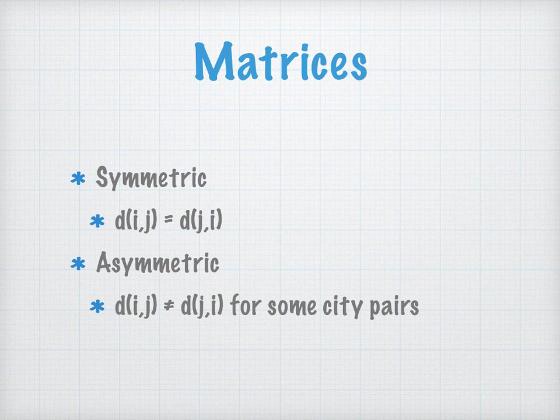In a symmetric matrix, the distance from city A to B is considered the same as the distance from B to A. If this is not true, then you can set up an asymmetric matrix where the distances vary. In most cases, assuming a symmetric matrix is good enough for a very good approximate solution.